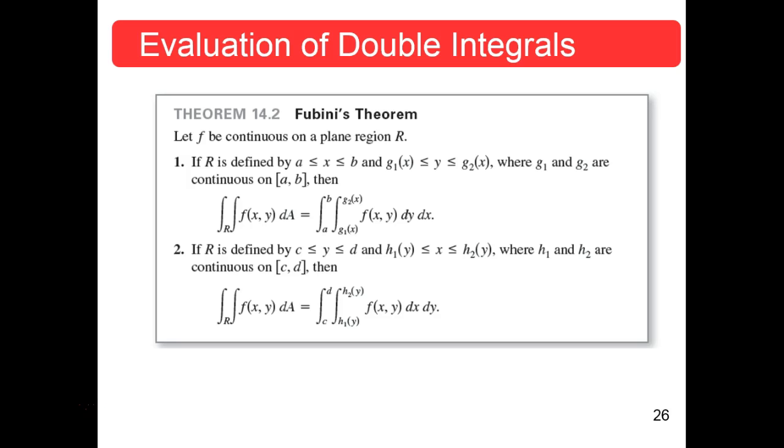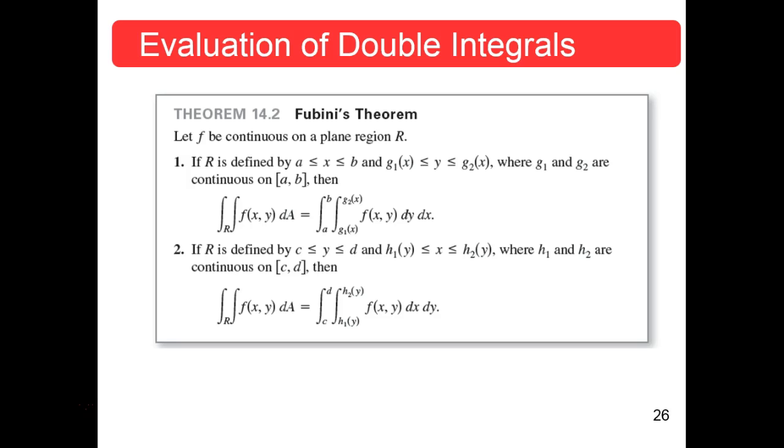Okay? Now, Fubini's theorem. Let f be continuous on the plane region R. If R is defined with x between a and b, but y is between g1 of x and g2 of x, where those are continuous functions on [a, b], then the double integral over that region is defined everywhere here.